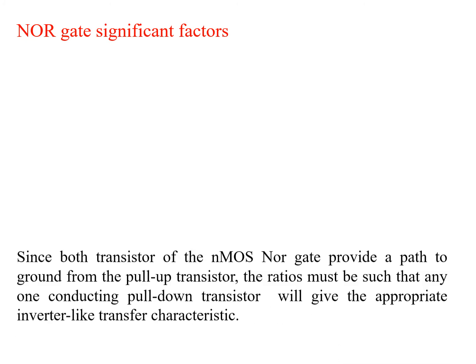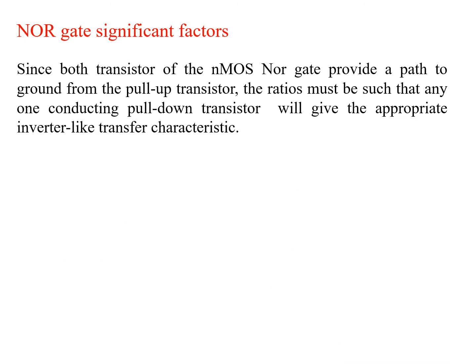So in the case of a NOR gate, the significant factor is that both the NMOS transistors provide a path to the ground for the pull-up transistors. Therefore, the ratios must be such that any one conducting pull-down transistor will give the appropriate inverter-like transfer characteristics.